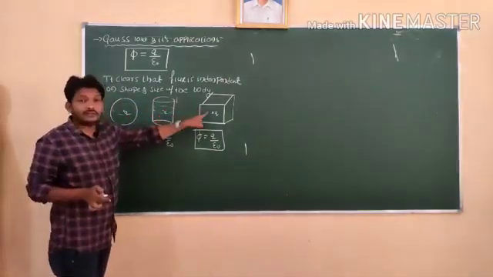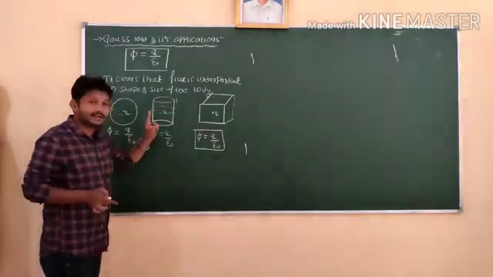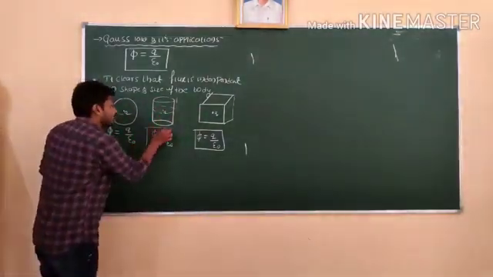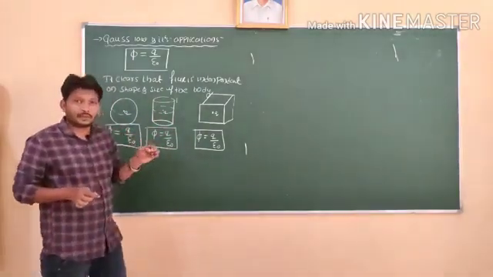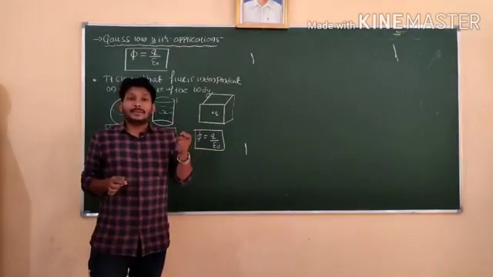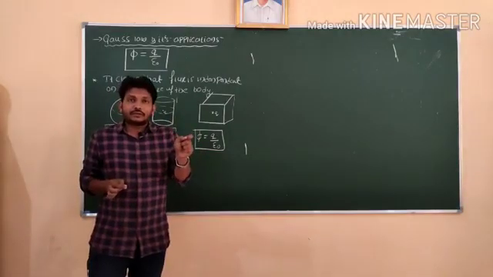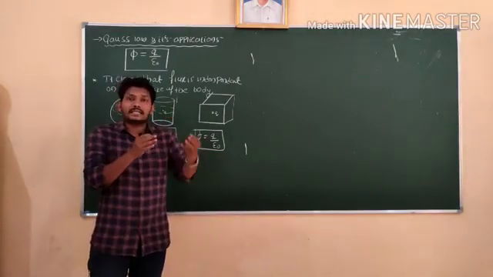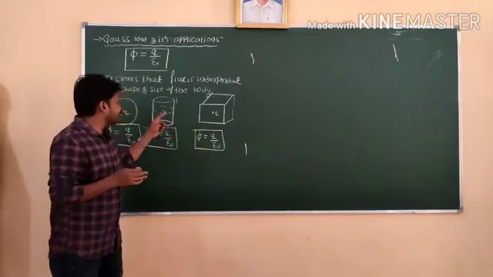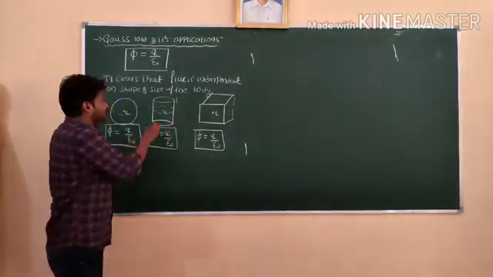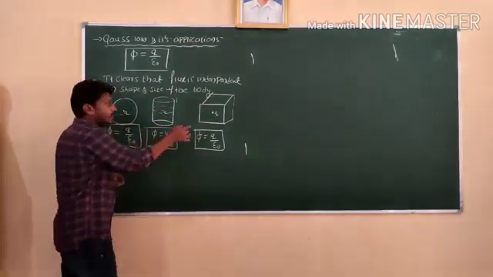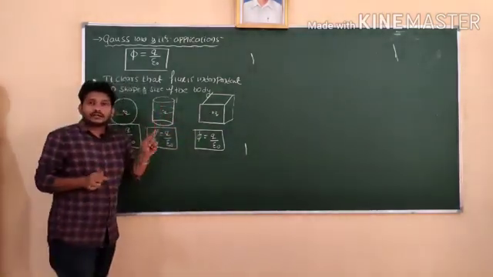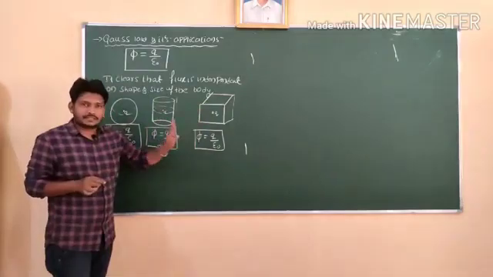It means that the flux value is independent of the shape and size of the body, and it is also independent of the position of the charge. Wherever you place the charge inside the cylinder, the sphere or the cube, the flux value remains the same.